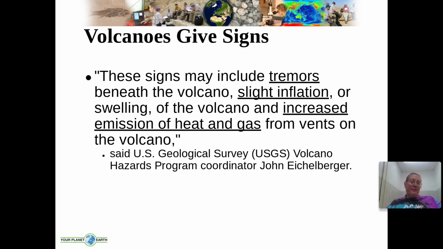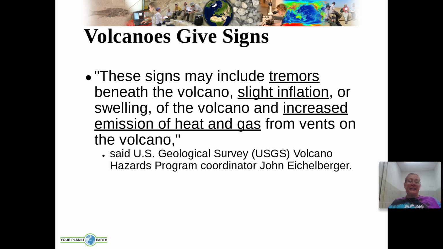Believe it or not, Pompeii, I think a lot of you in your world history may have come across Pompeii by now or heard about it in some other history class back in middle school. A lot of these were described by the people of Pompeii. They talked about the mountain shaking and being angry and spitting rocks at them, and how the ground was so hot they could feel it through their sandals.